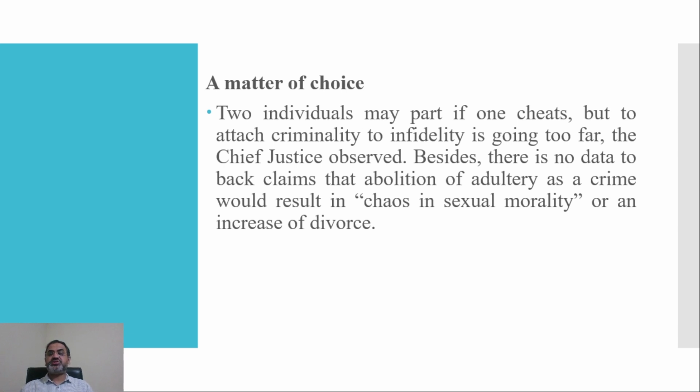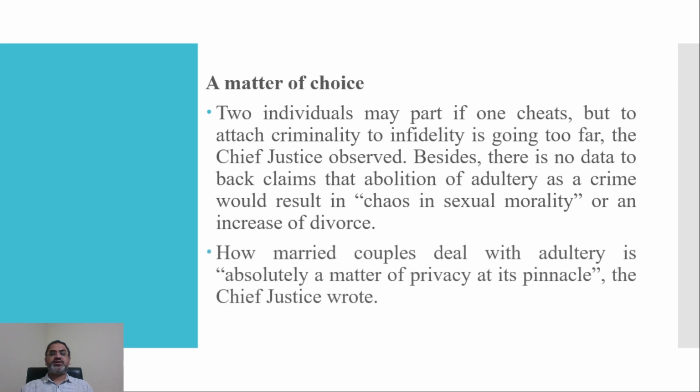The Chief Justice observed, besides, there is no data to back claims that abolition of adultery as a crime would result in chaos in sexual morality or an increase of divorce. How married couples deal with adultery is absolutely a matter of privacy at its pinnacle, the Chief Justice wrote. So here again, the privacy has made inroads.